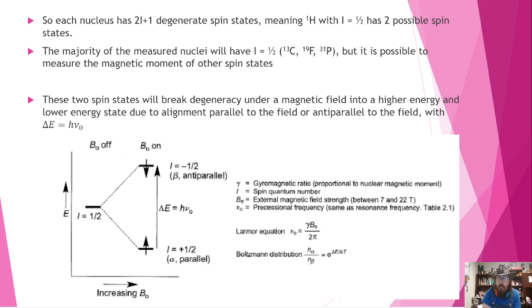If you're running with the wind, it's less energy to move forward. So we separate the 2 degenerate spin states into a lower energy spin state and a higher energy spin state. Essentially, with increasing magnetic field, you see a greater separation of these spin states.